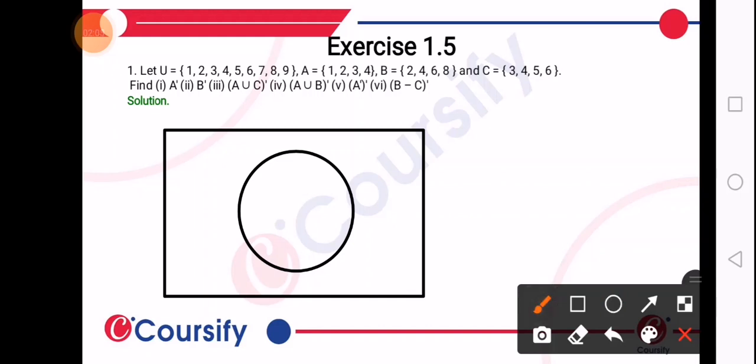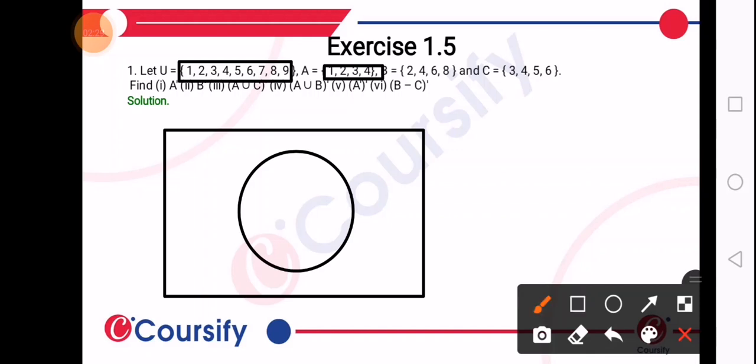Let's take an example. Let's assume that the whole set comprises 1, 2, 3, 4, 5, 6, 7, 8, 9, and the subset comprises 1, 2, 3, and 4.